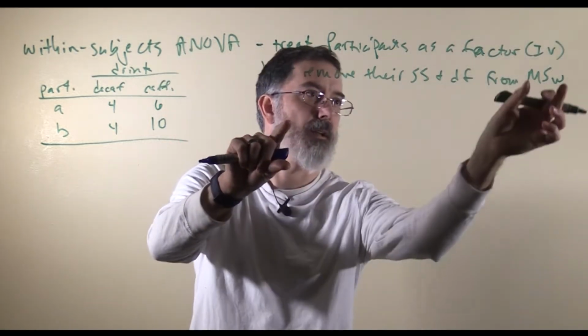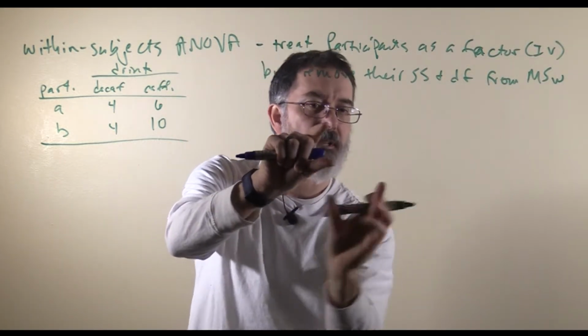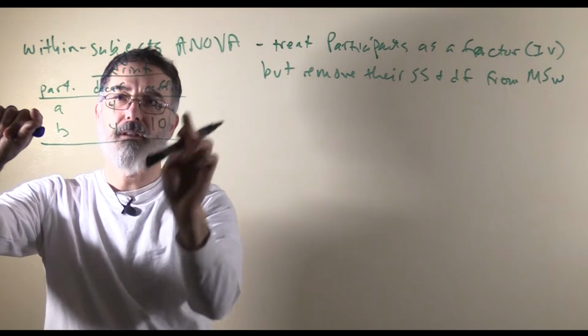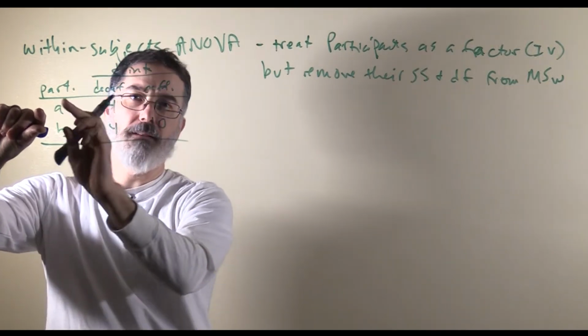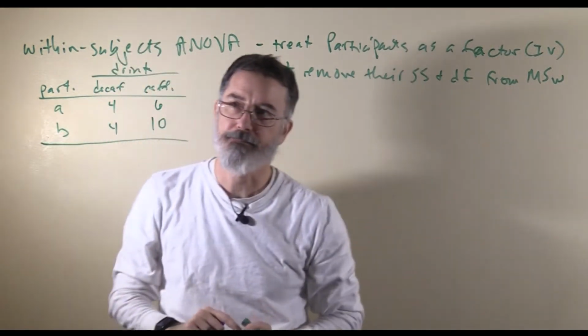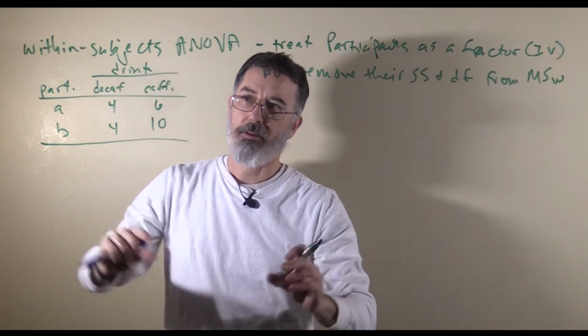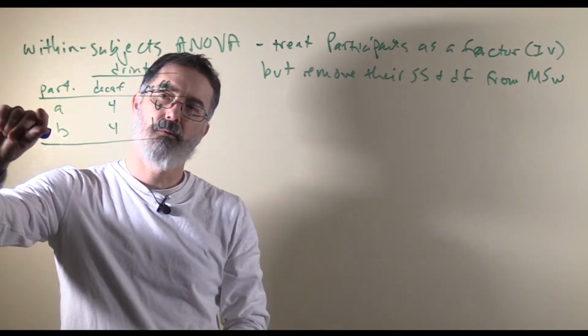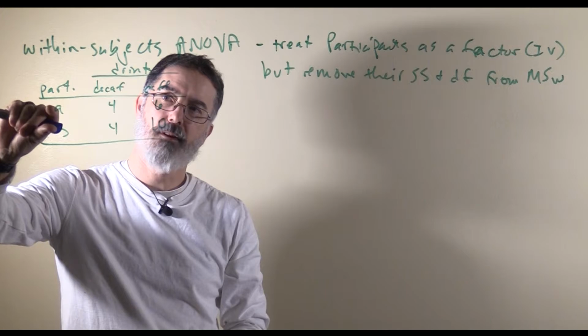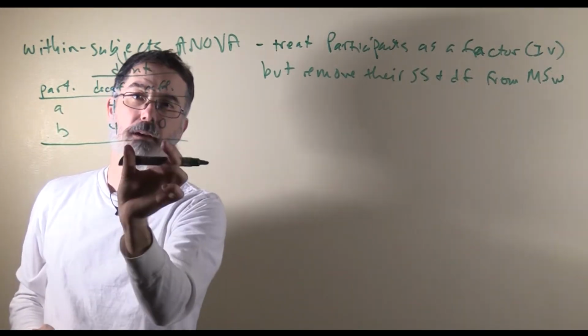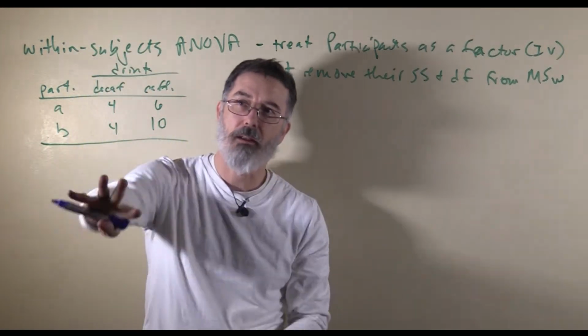So our F statistic has this on the bottom, so our bottom is going to be extra small because we're going to get rid of any of the variability that's consistent between our participants. We'll calculate the sums of squares and degrees of freedom just the same way we will with the drink. And we'll go through that in a second.